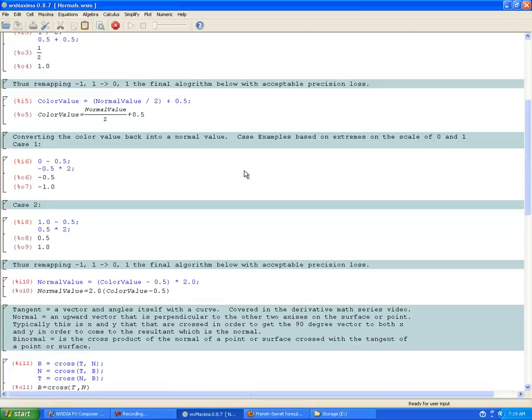So now we have a way of going from a range of -1 to 1 and remapping all our normal directions, right? Because it's a unit vector, a normalized vector, and we're going to remap that to 0, 1. Then once it's 0, 1 inside the RGB colors inside the image map, we can read back the RGB as XYZ within the range of -1 to 1 instead of 0 to 1.